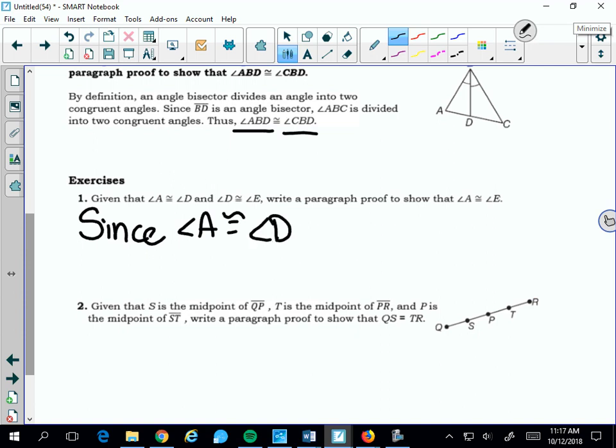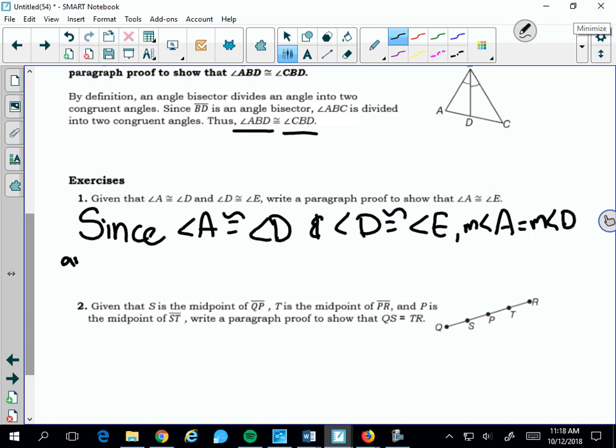So I'm going to say, since angle A is congruent to angle D and angle D is congruent to angle E, the measure of angle A is equal to the measure of angle D. I don't want to say congruent there, because measures aren't really congruent. Measures are numbers, so they are equal. The measure of angle A is equal to the measure of angle D, and the measure of angle D is equal to the measure of angle E.